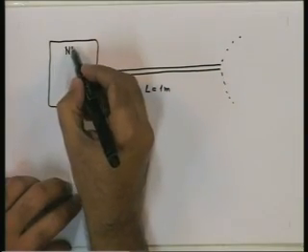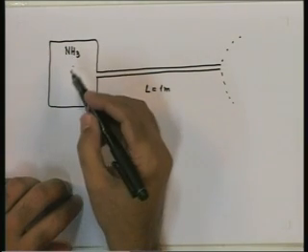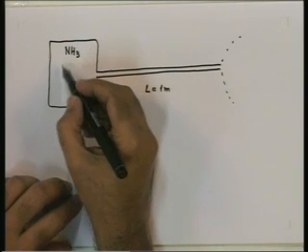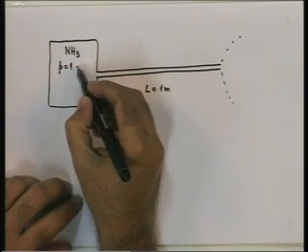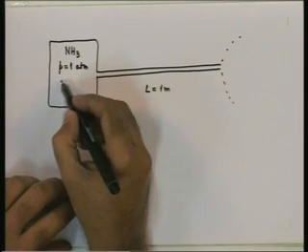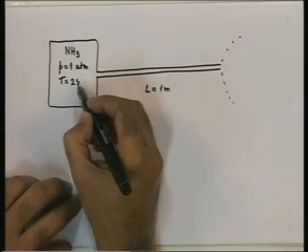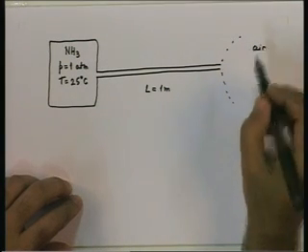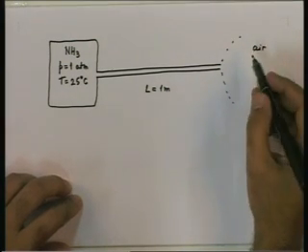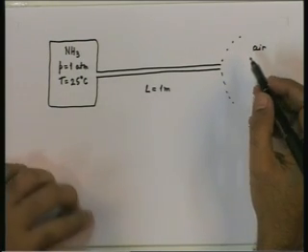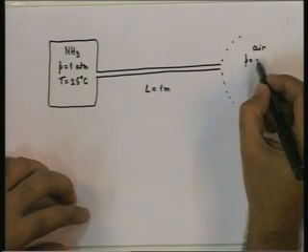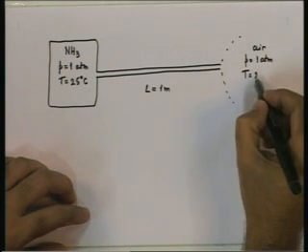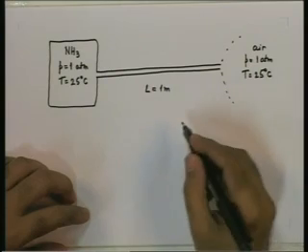This contains ammonia. The pressure is 1 atmosphere. Temperature is 25 degrees C. Air in the surrounding atmosphere to which the duct is exposed. Here too the pressure is 1 atmosphere and temperature is 25 degrees C.